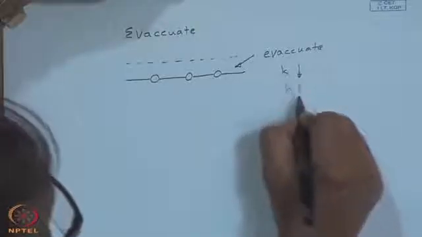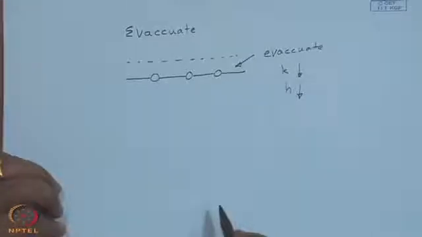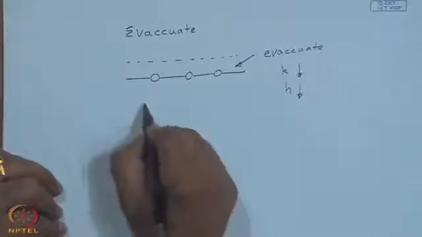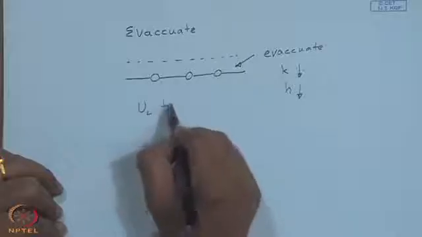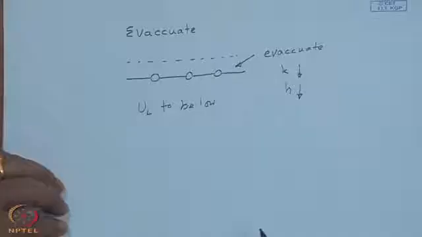So, the convective heat transfer coefficient is low. So, your heat loss will be low, thereby achieving UL to be low. So, this is one method.